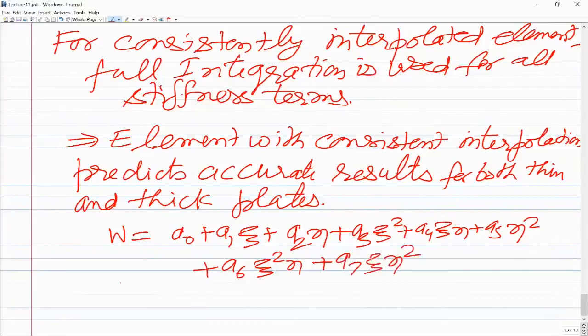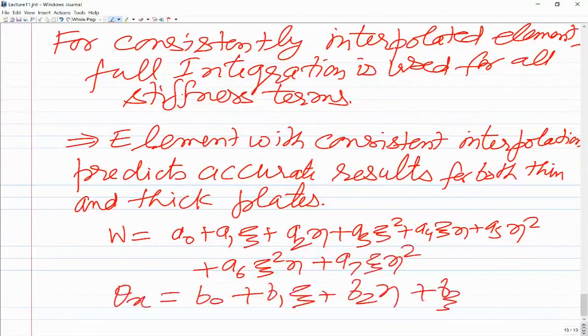Whereas to make the element consistent, we want to interpolate theta x using only the bilinear polynomial. So we want to write that as b0 plus b1 xi plus b2 eta plus b3 xi eta. Why is this so? So that between del w by del x and theta x, and del w by del y and theta y, you have the consistency, which I already explained.